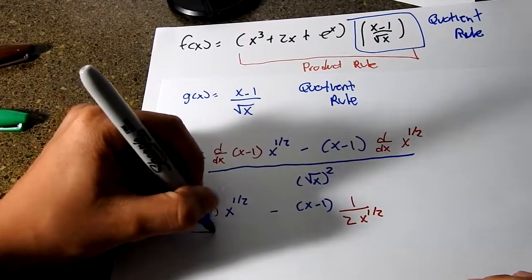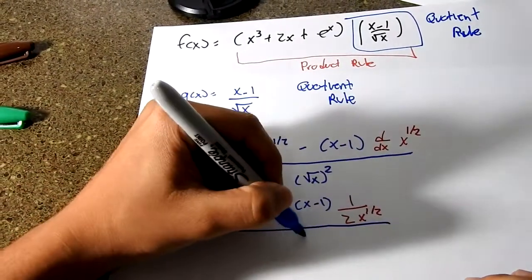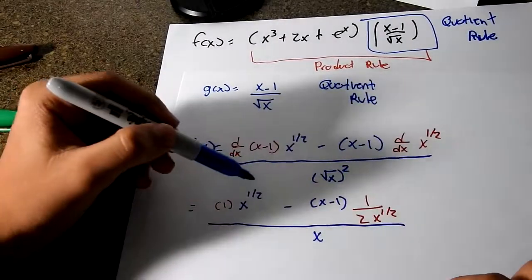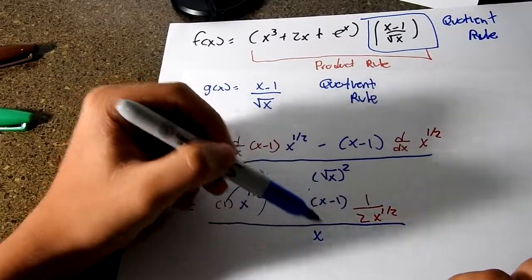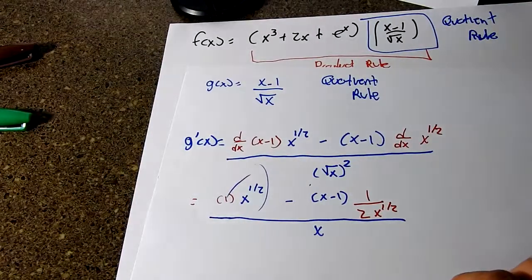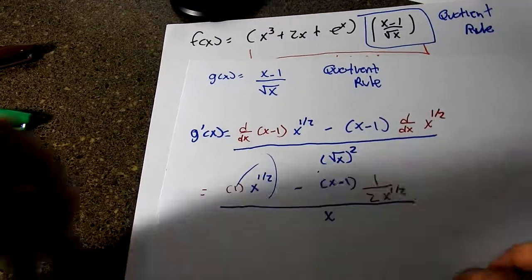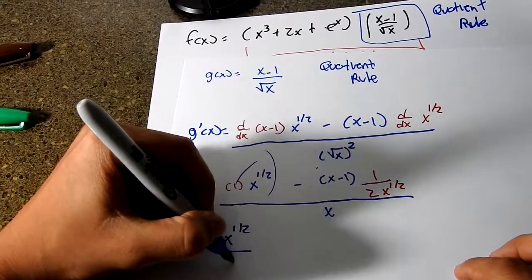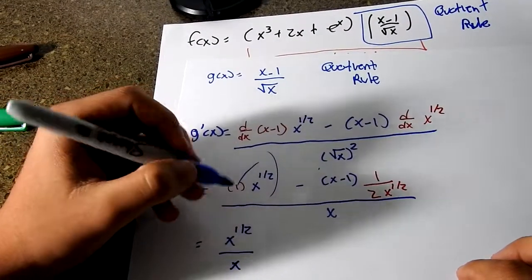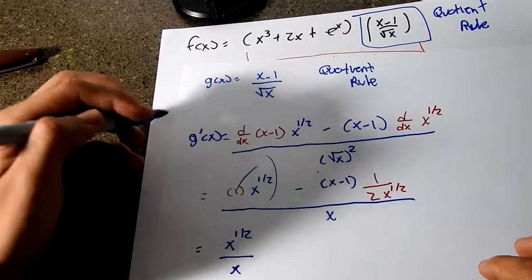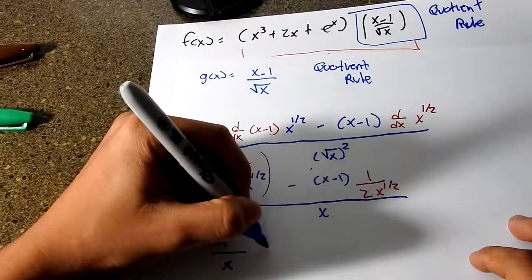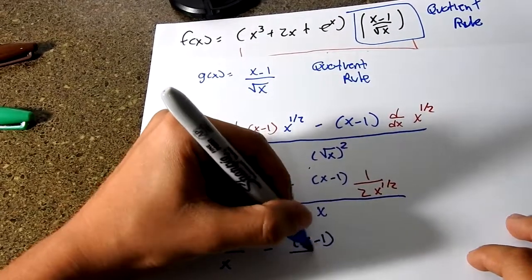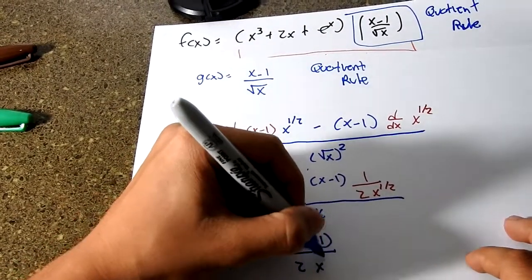So we're going to have all of this over x. Now it's time to split the fraction up. We have one over here, and the other one over here. So we have x to the 1/2 over x minus x minus 1 over 2x to the 1/2.